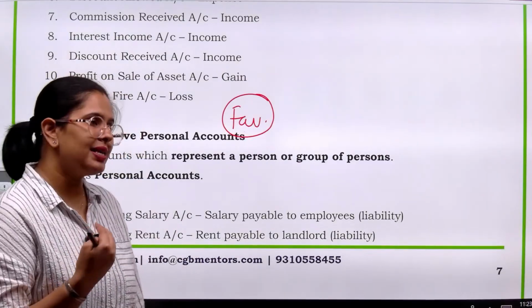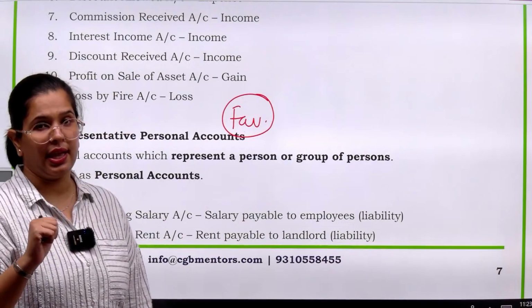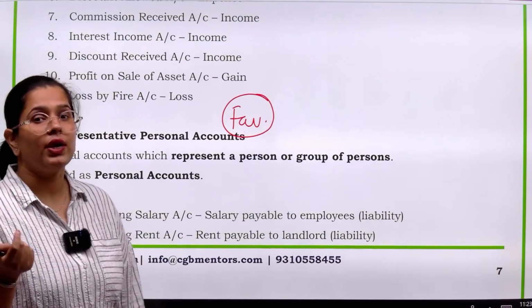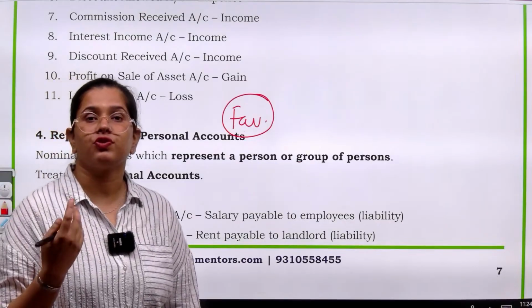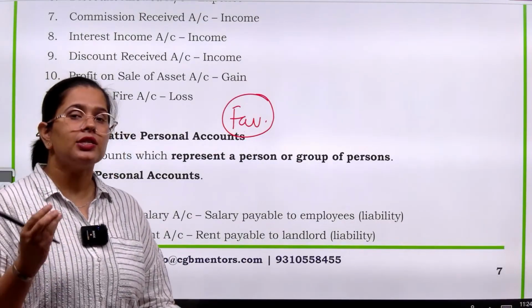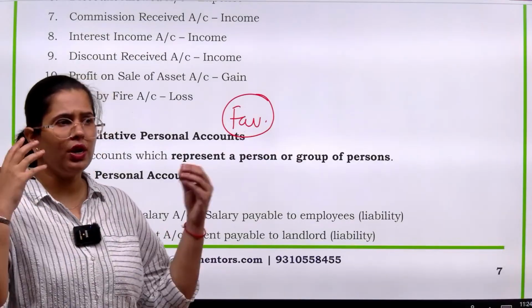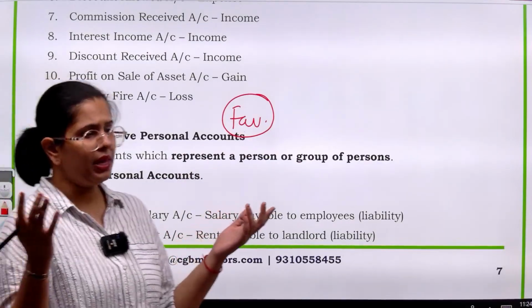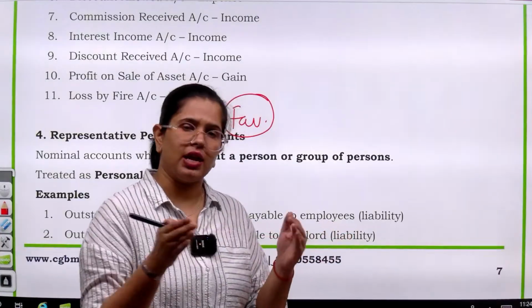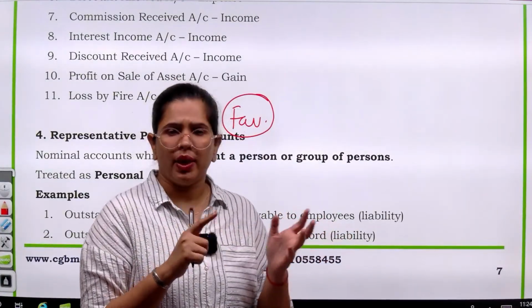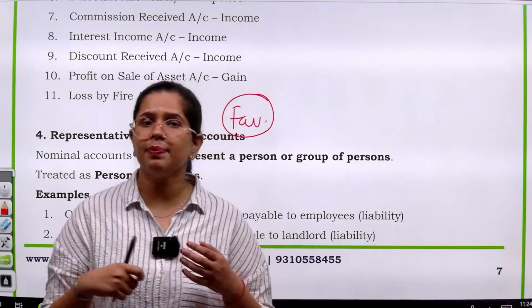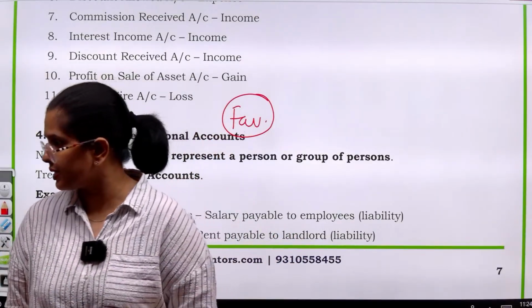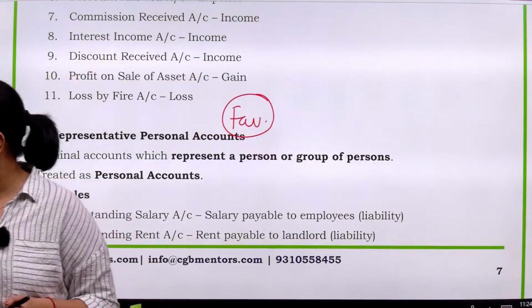But if they ask you what kind of account is provision for taxation, what kind of account is provision for depreciation, such kind of accounts you are not able to classify. For example, I am saving for taxation, I am saving for depreciation. Whether it's an expense, a real account, or a personal account, what kind of account is this? I don't know about it.